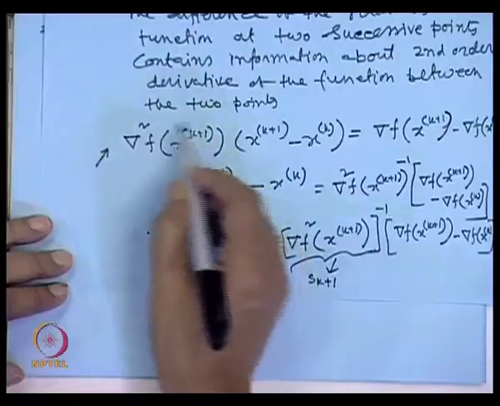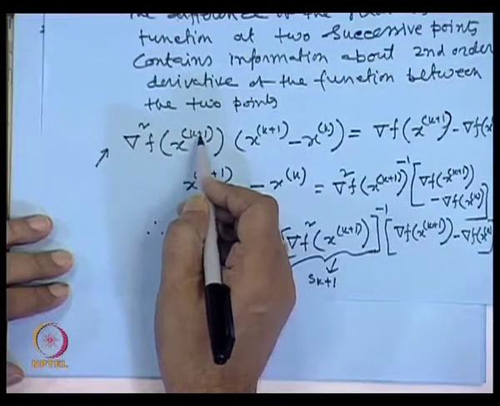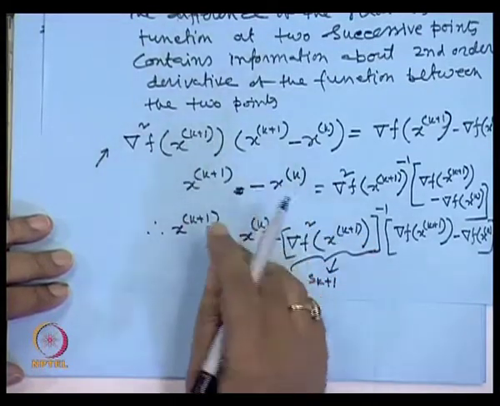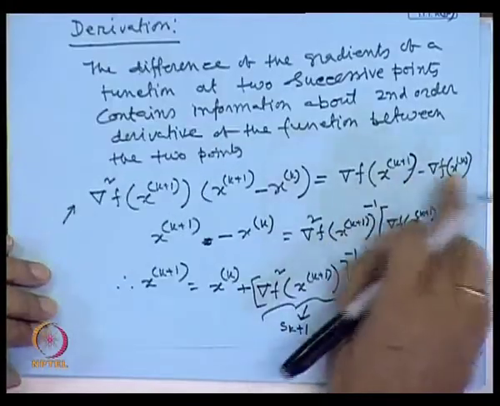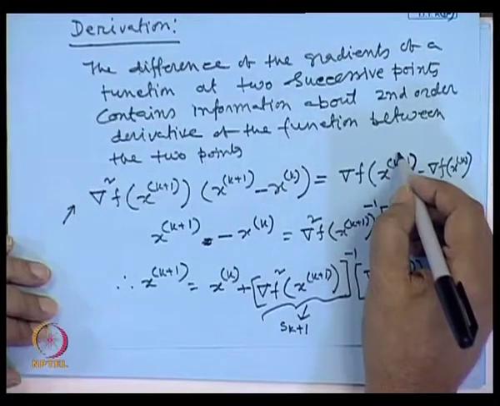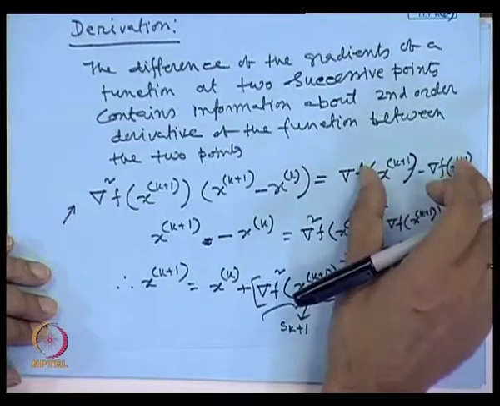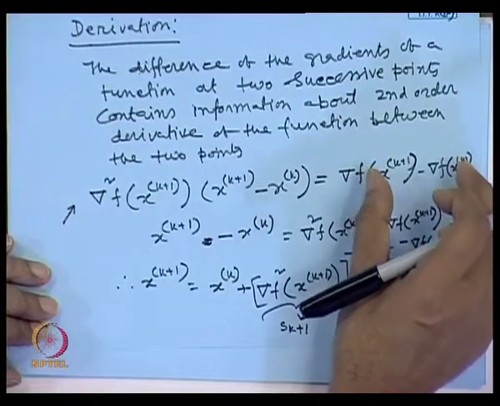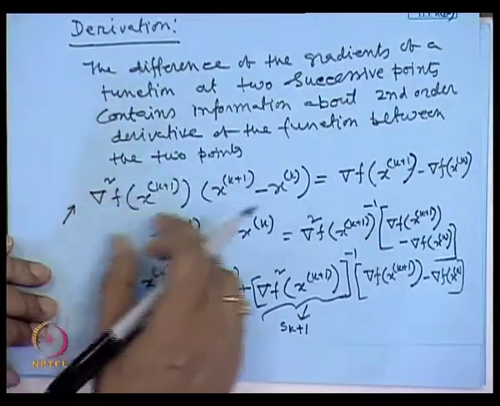Based on this, the Hessian matrix of the function at the k plus 1 iteration times the difference of the two gradients at successive points x k plus 1 and x superscript k carries the information of the second derivative of this function.